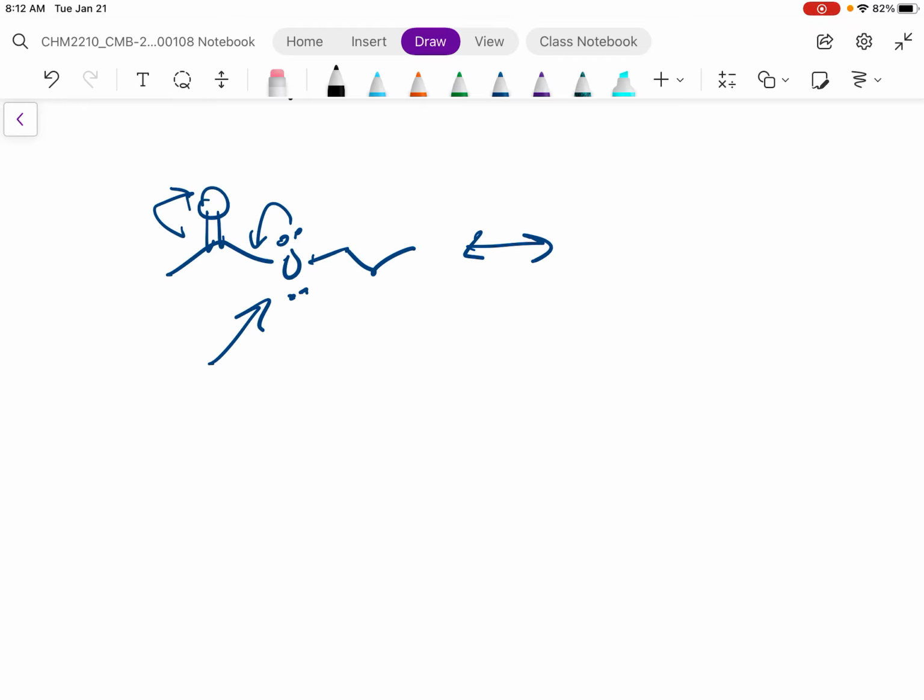Are they still there? Yes, but they're just less significant. So we have developed some rules to help us understand which resonance structures are significant or not. And when you go to your textbook, in section 2.11, it lists all the rules right there.